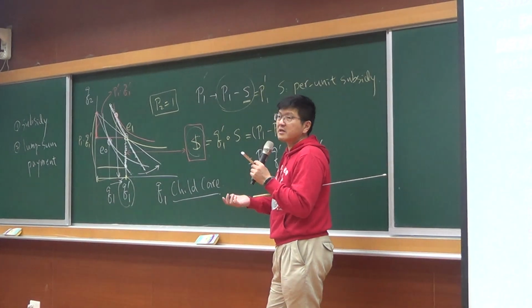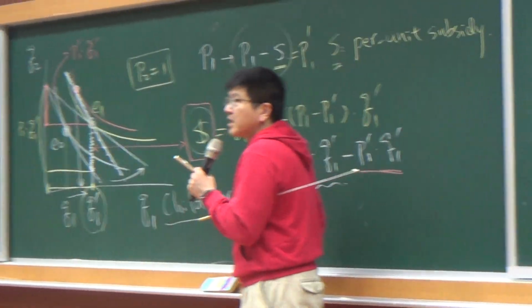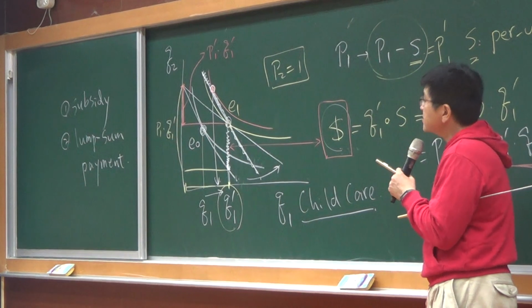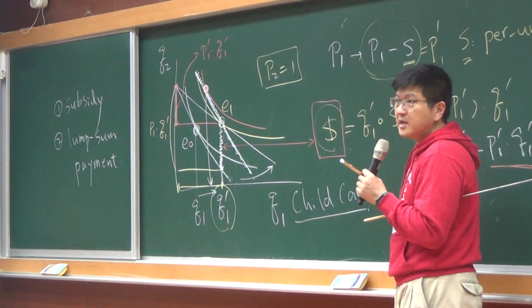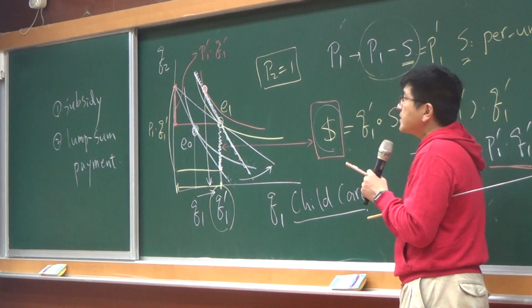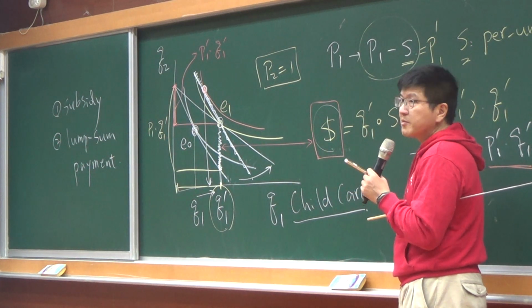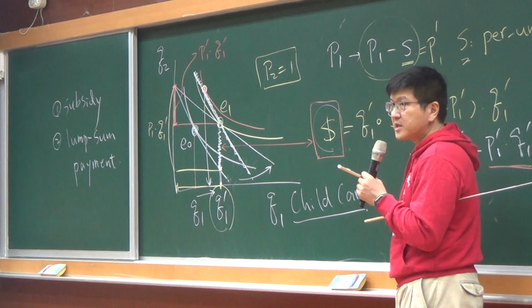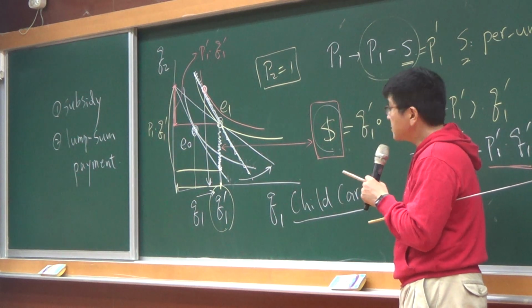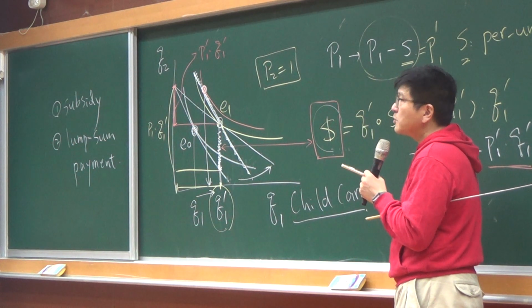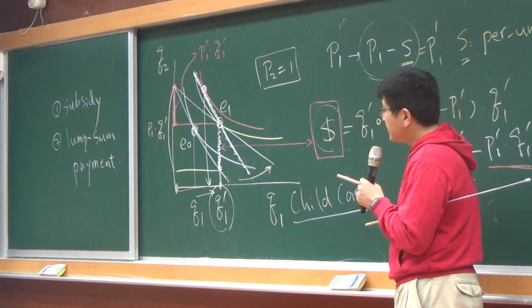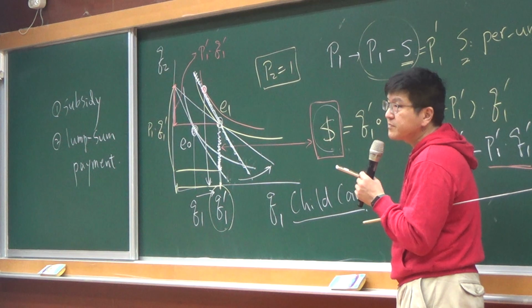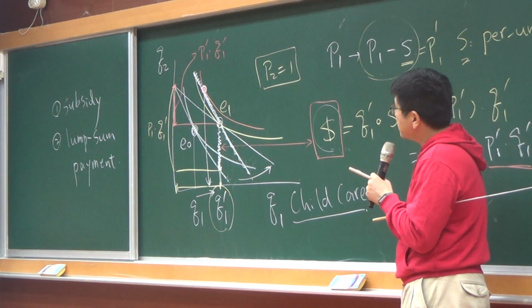So if your target is to increase the amount of childcare services, then subsidy may be good. But if you regard this problem from another viewpoint, like the well-being of the consumer, then cash transfer, the second one, lump sum payment, could be better.